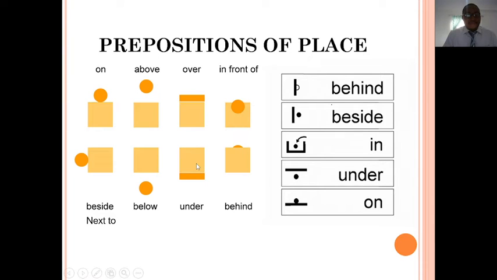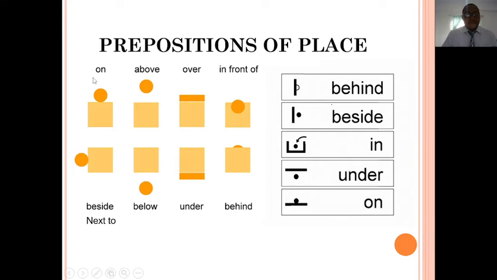Number 7, under. Again, under. For example, it is under the box. Number 8, behind. Again, behind. For example, if we look at this picture, the ball is behind the box.